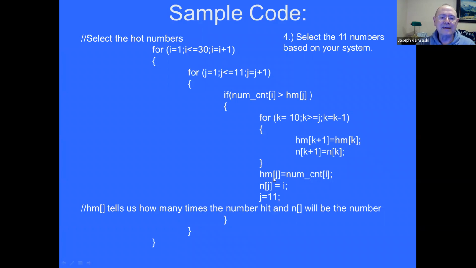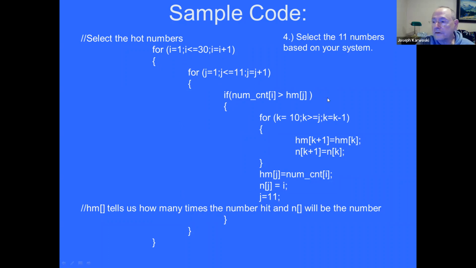This is a J and this is a J, so N sub J equals I. We're done looking, so we're going to drop out of the J loop here. That closes the if. This one closes the for. And then we go and look at the second number, the third number, the fourth number, and so on and so on and so on.